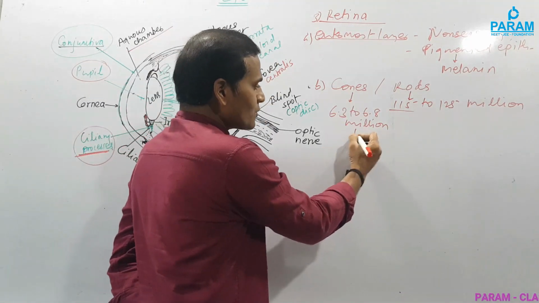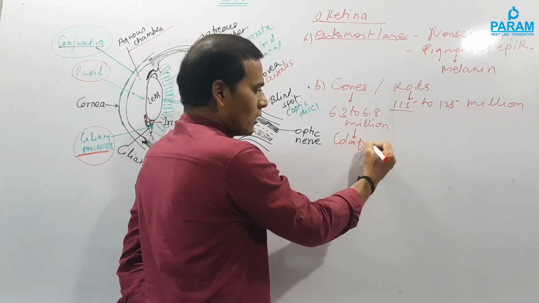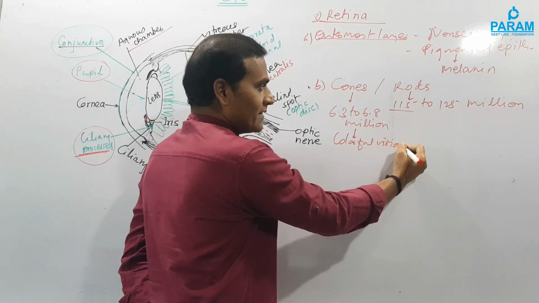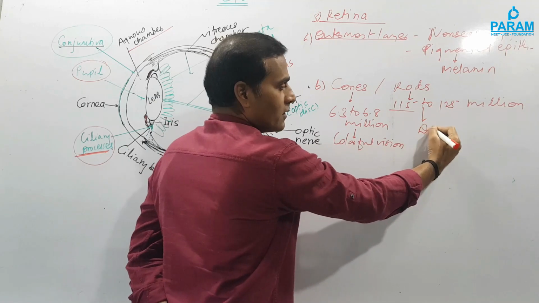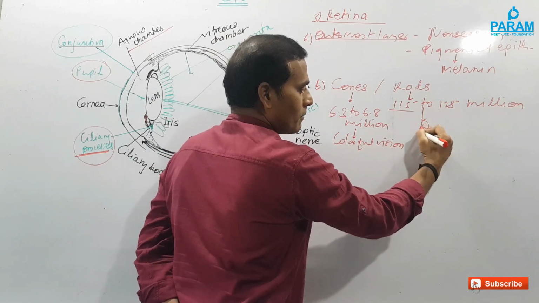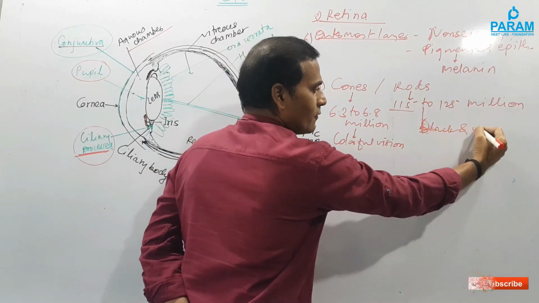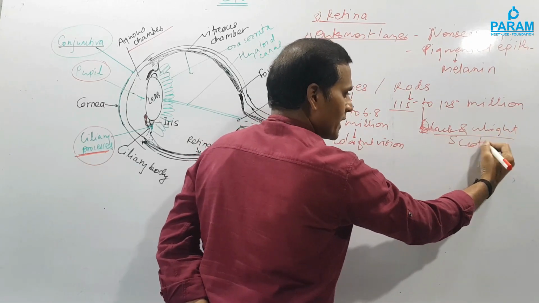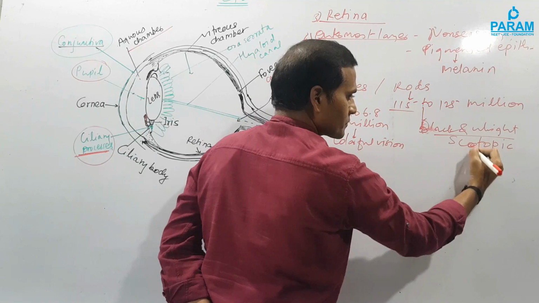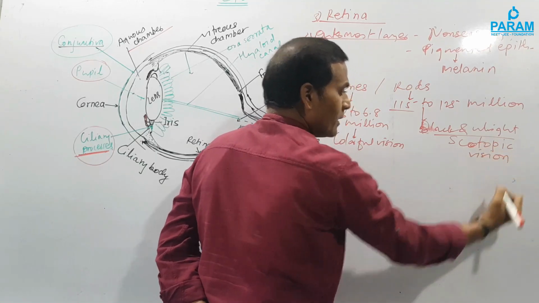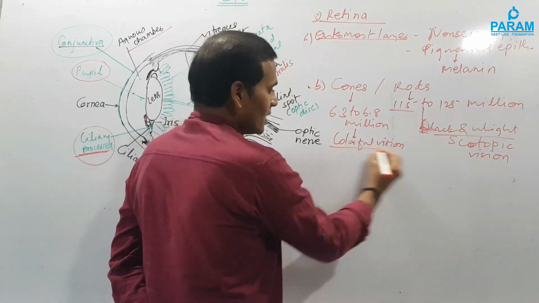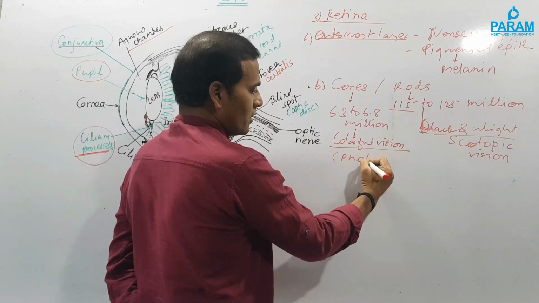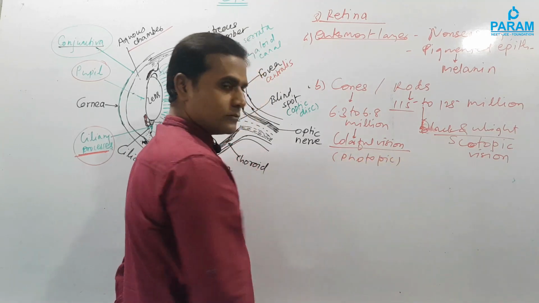Now, cones are responsible for colorful vision, and these rods are responsible for black and white vision. Now, this black and white vision is also termed as scotopic vision or dim light vision, we can say, and this colorful vision is called as photopic vision.